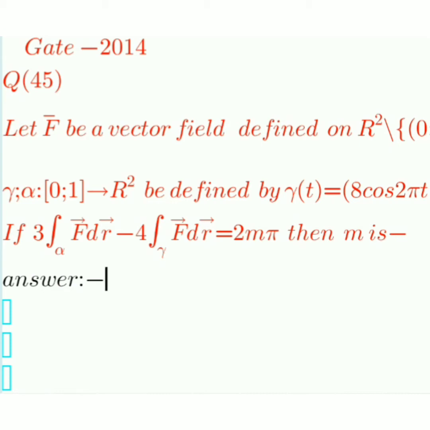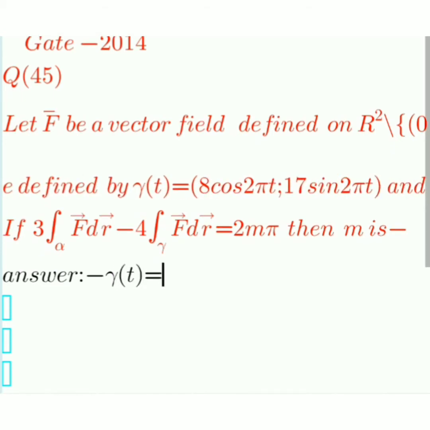I get such conditions. One path is my gamma(t). Gamma(t) is given as 8 cos 2 pi t, 17 sin 2 pi t. This is my total path.